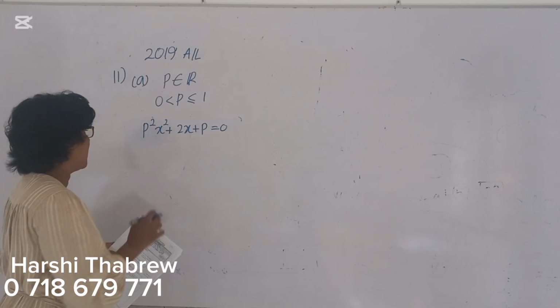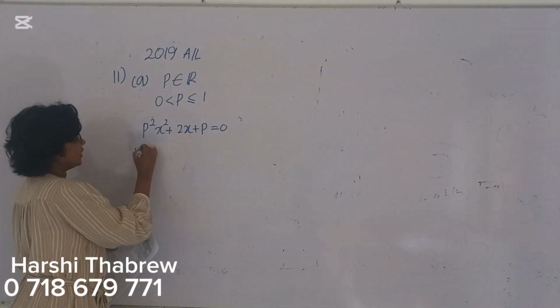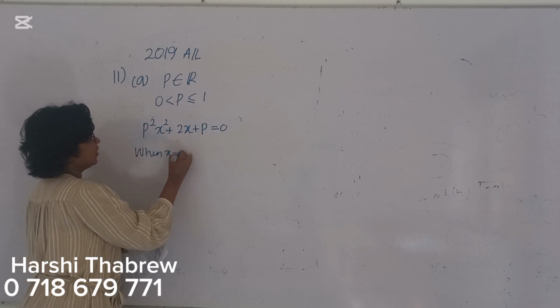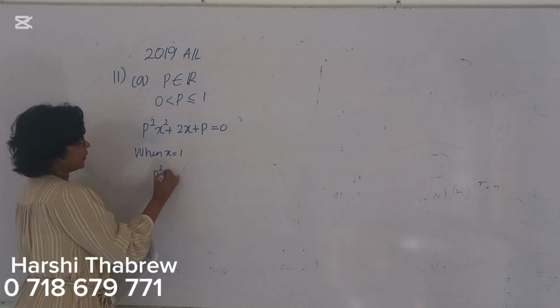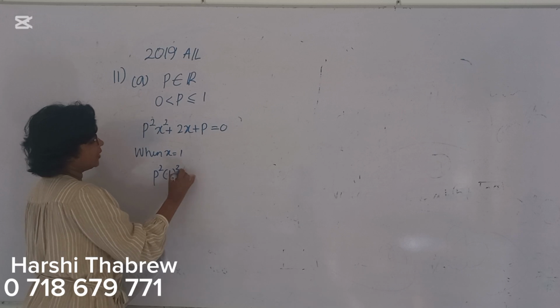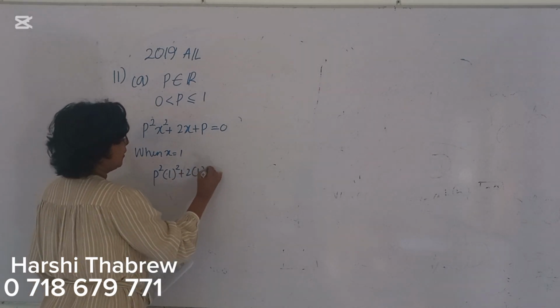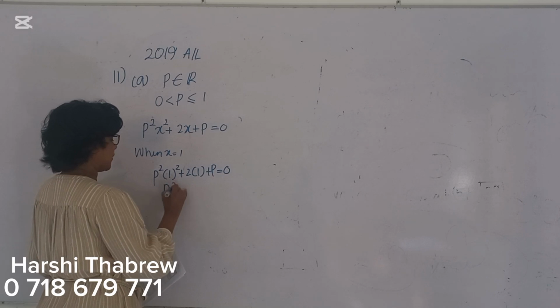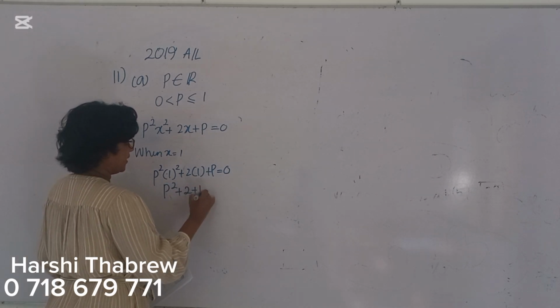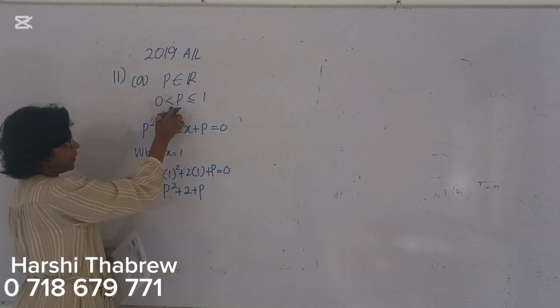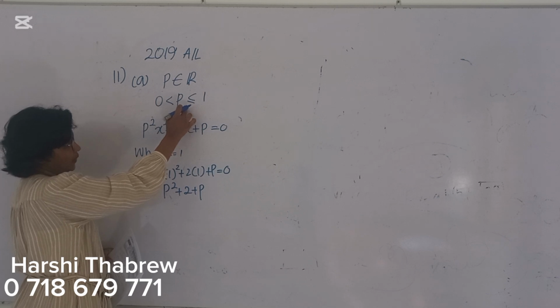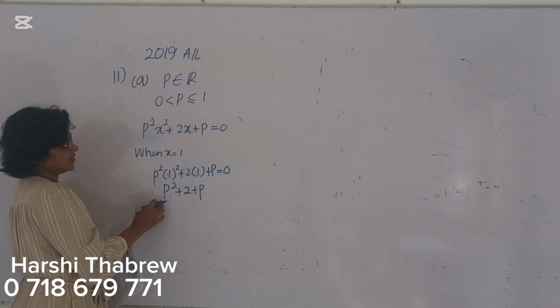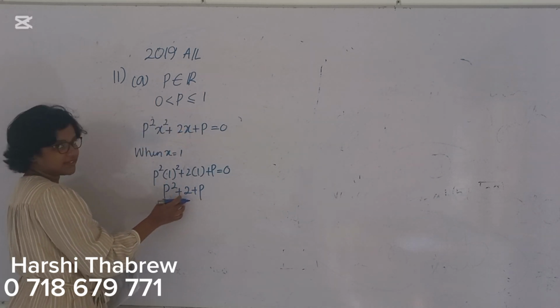Let's see it. When x equals 1, p squared times 1 squared plus 2 times 1 plus p, which is p squared plus 2 plus p. Since p is greater than 0, p squared is greater than 0, and p is greater than 0, 2 is greater than 0.